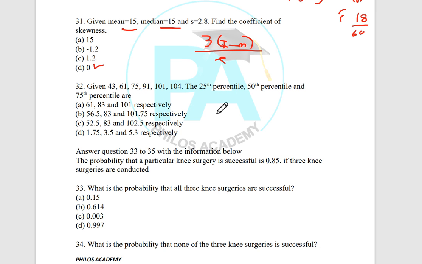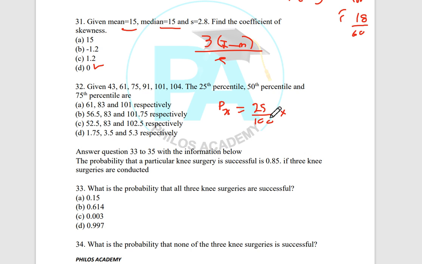To find the 25th percentile, that's P25, it should be equal to 25 over 100 times, how many values do you have here? 1, 2, 3, 4, 5, 6. We have 6 values, isn't it?